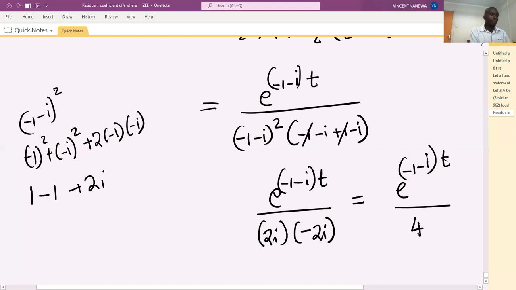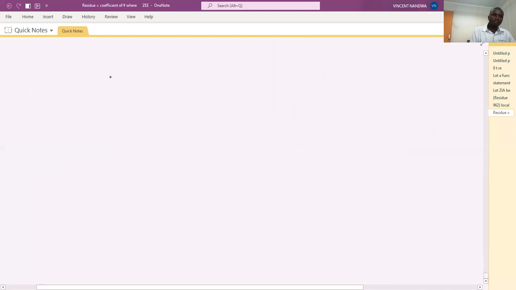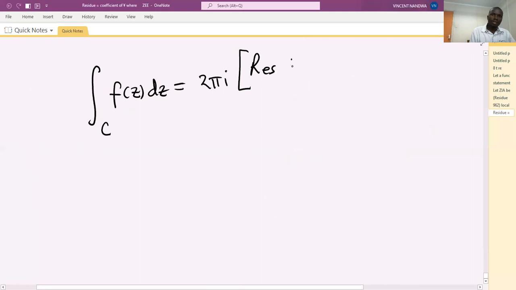So, the sum of residues. By definition, the integral along C of f of z dz will be 2 pi i times the residue at the first value, which was 0, plus the residue of the function at -1 plus i plus the residue of the function at -1 minus i.